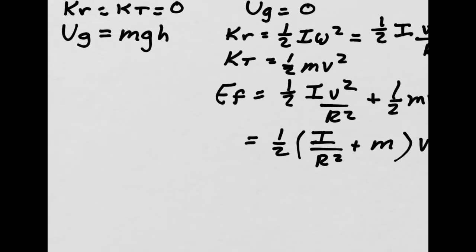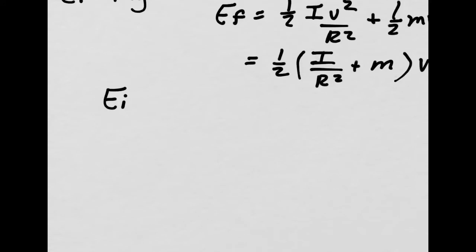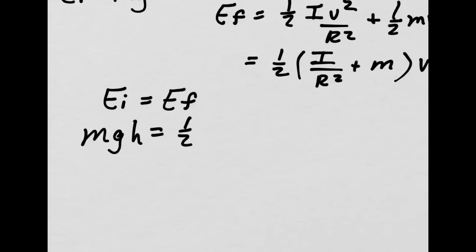So that means our initial energy is mgh. So using the conservation of energy, E_i equals E_f, so mgh is 1/2 (I over R squared plus m) v squared.